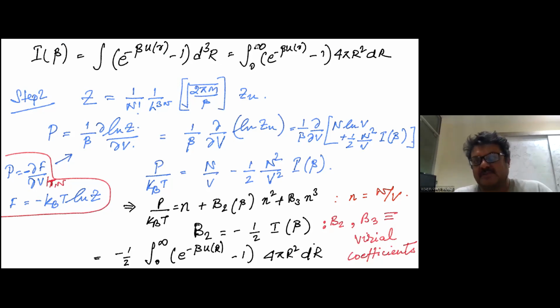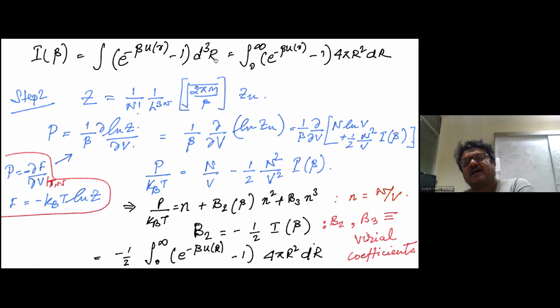R can take values from 0 to infinity, let's assume, since compared to the distance between two particles, the box is infinite. Or else you can write 0 to L, L tending to infinity. That's also fine.